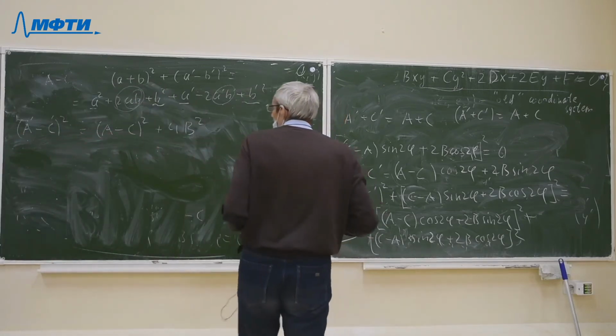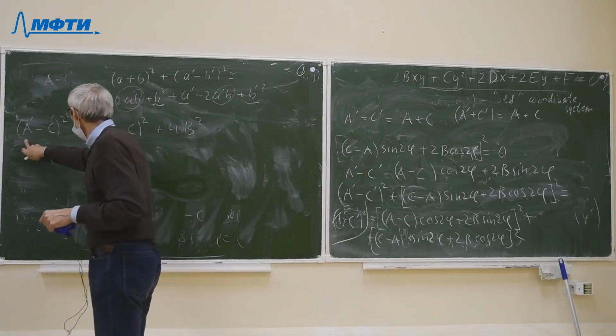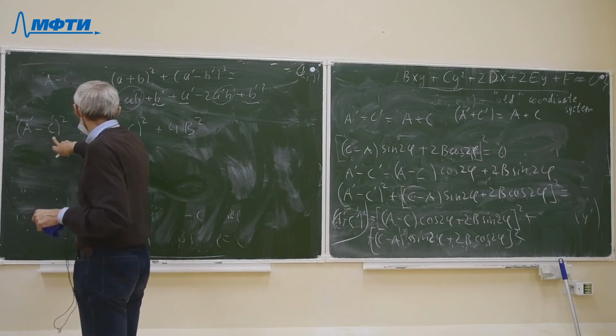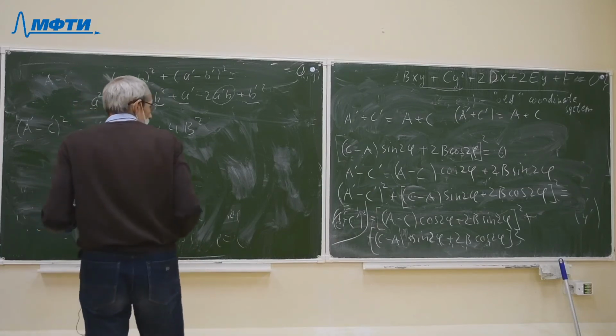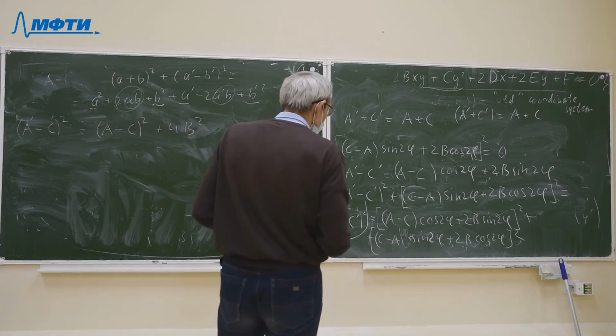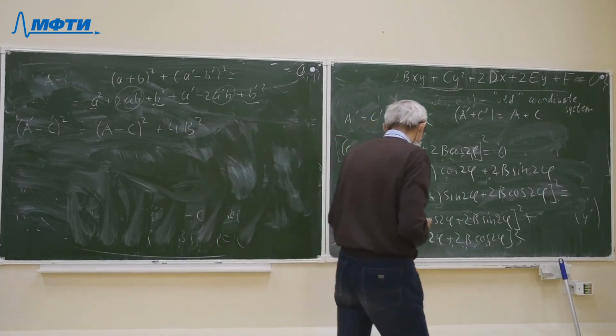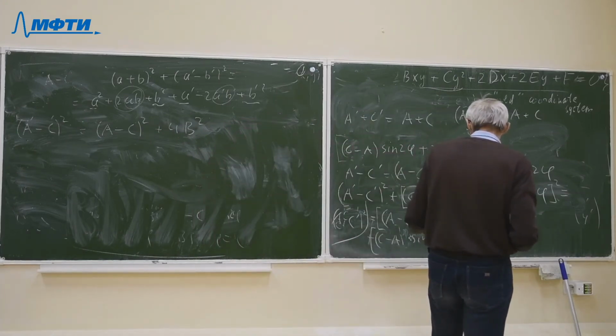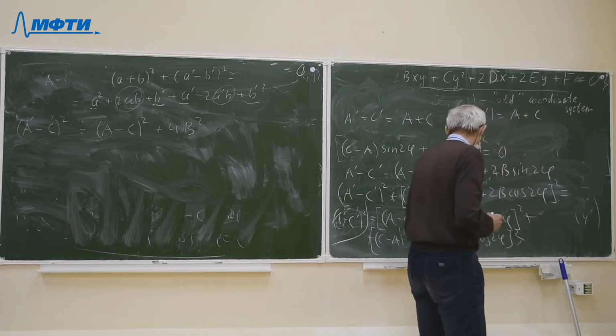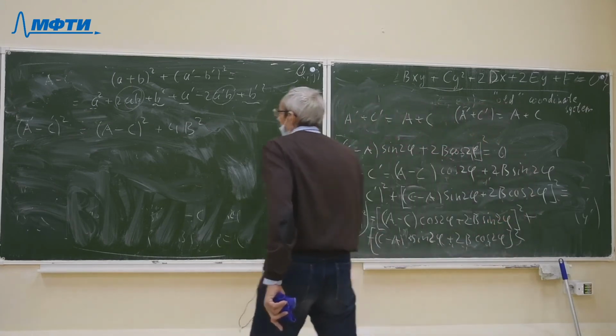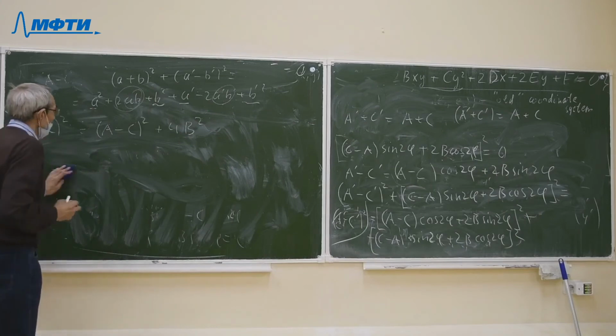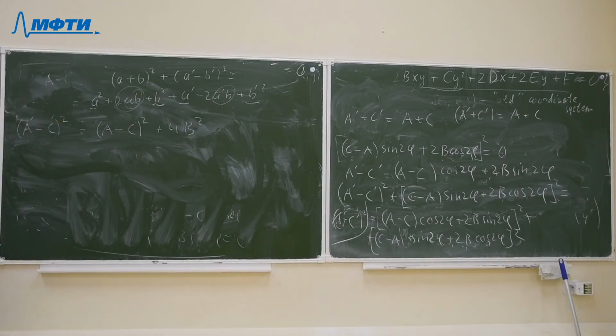And we obtain A square minus C square is equal, I'm sorry, to... Yes. We obtain this equality.